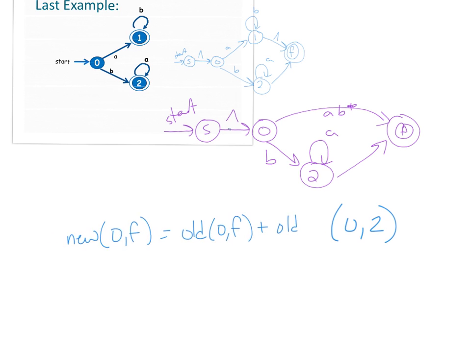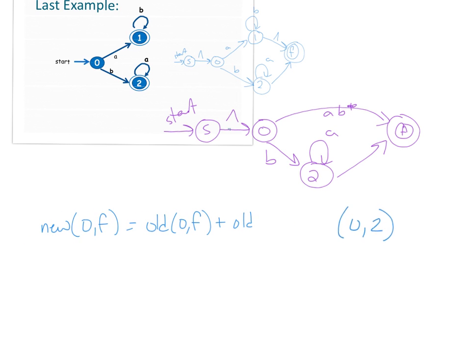Let me just shrink that a bit. Oops, I lost this piece. Here we go. So we have the new 0 to f is the old 0 to f plus the old 0 to 2 times the old 2 to 2 starred times the old 2 to f.